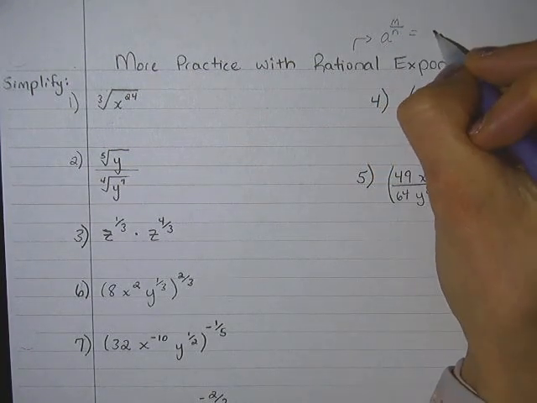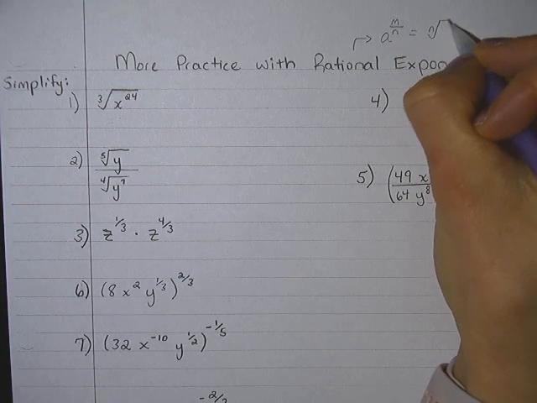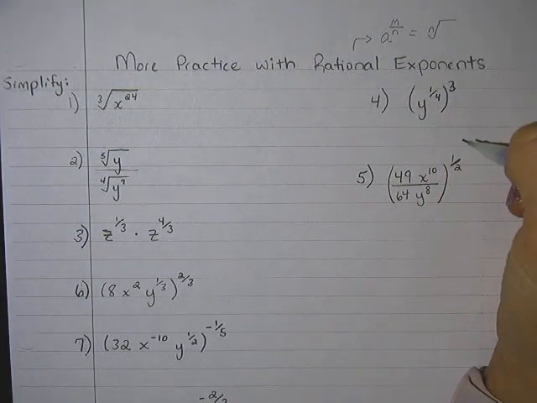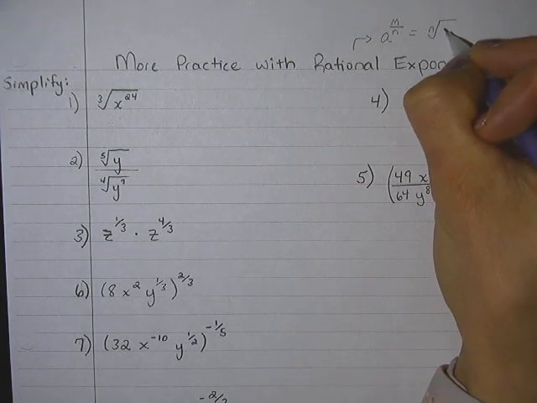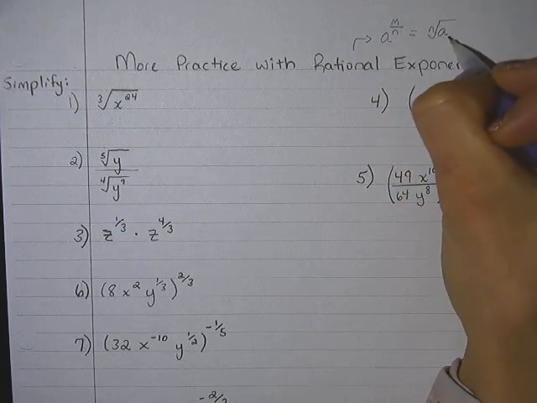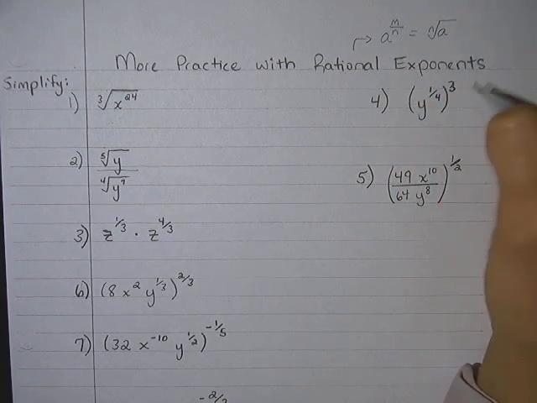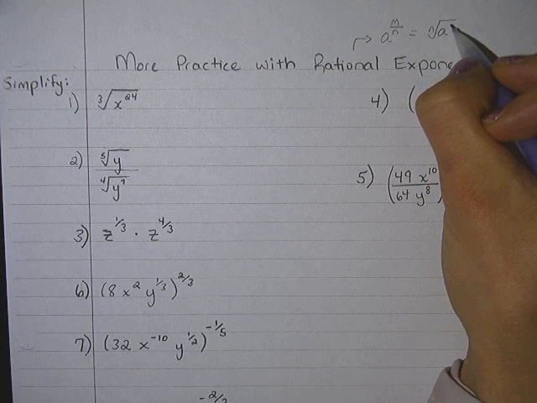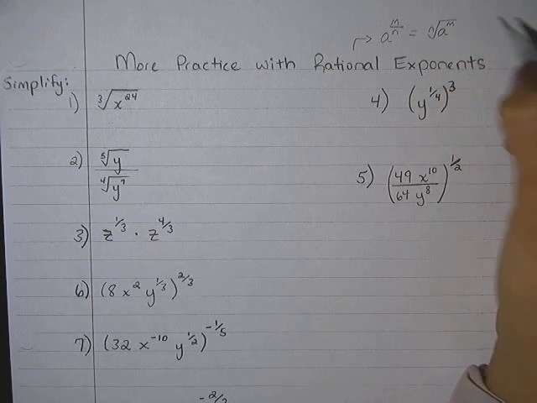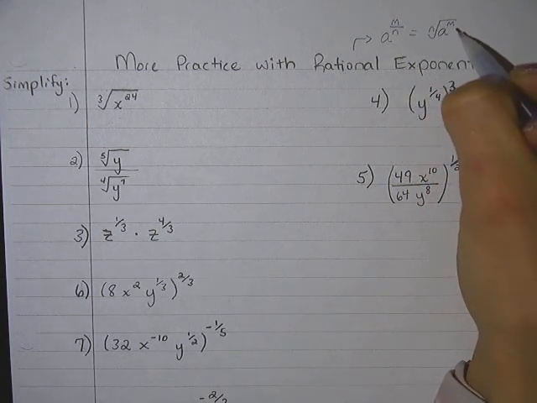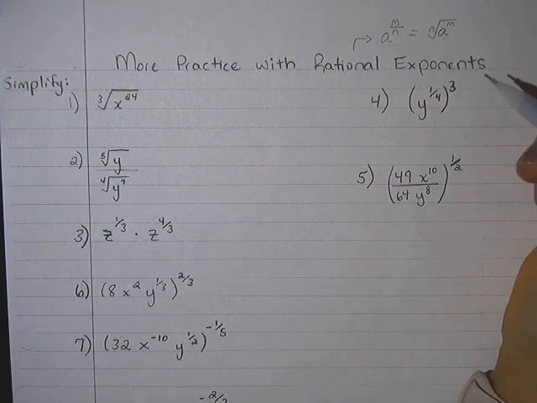And so the bottom number comes over and becomes the root. Remember, it's cradled in that little check mark. And then you just write your variable over, or your base, whatever that base is. And then you write the top number or the power as the power or the exponent.